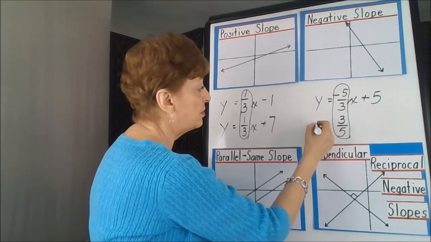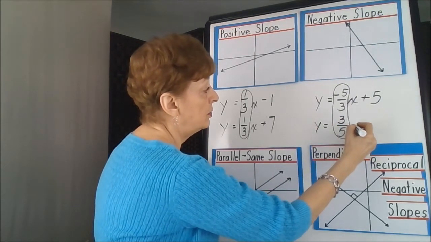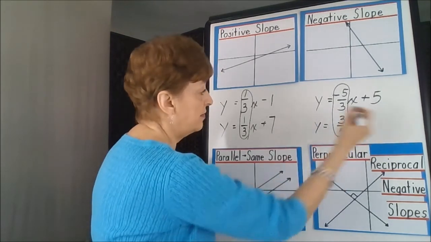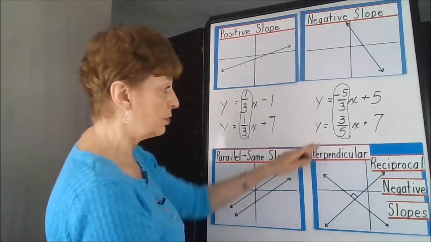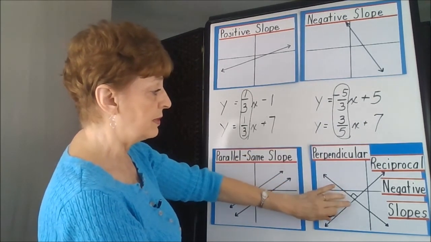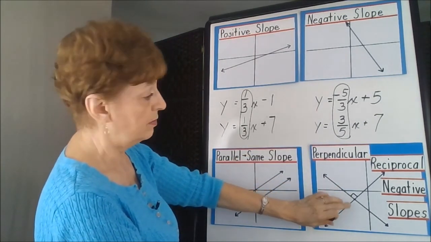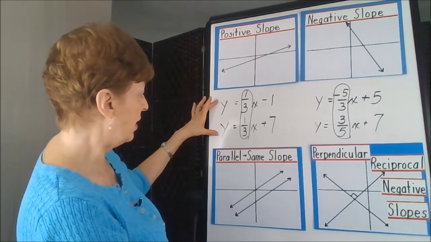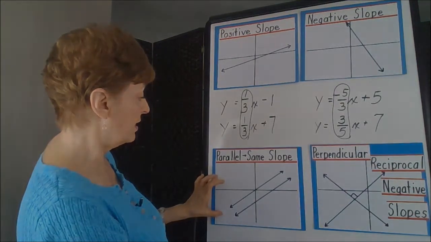And the whole equation would be y equals 3/5 x plus, I'll use the 7. This will give us perpendicular lines. They'll look like this. And where they cross, they will form a right angle. And these two equations will give us lines that look like this.